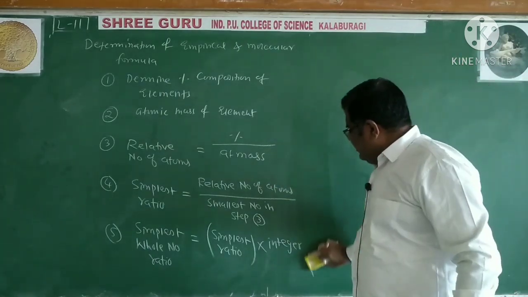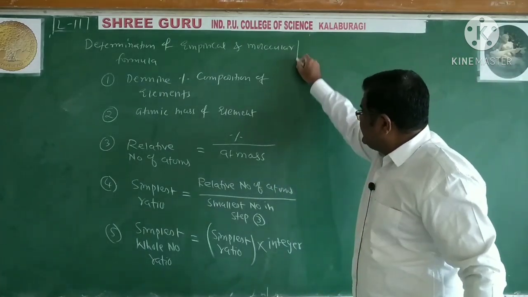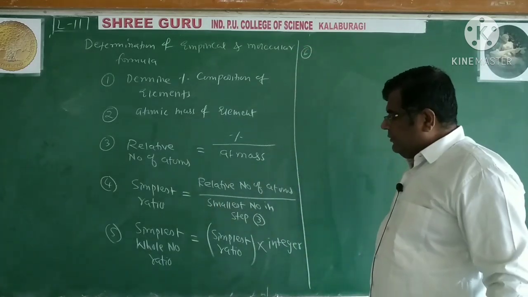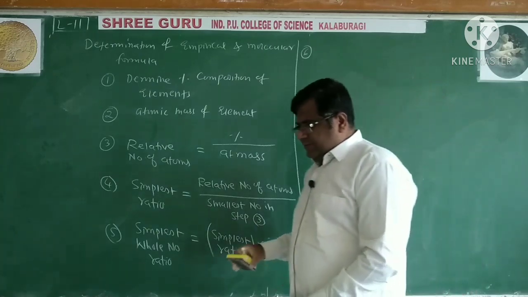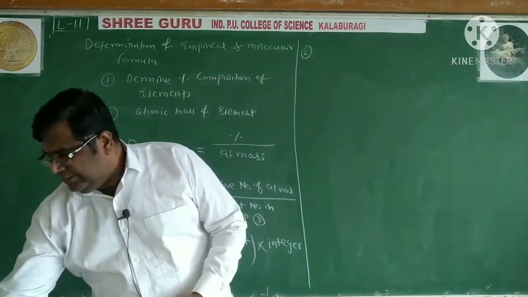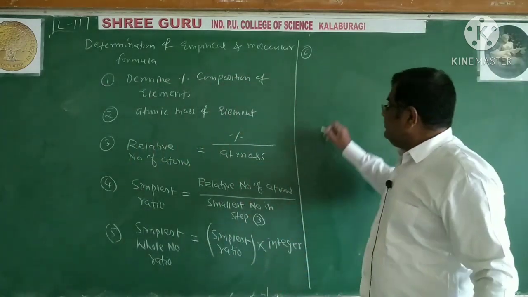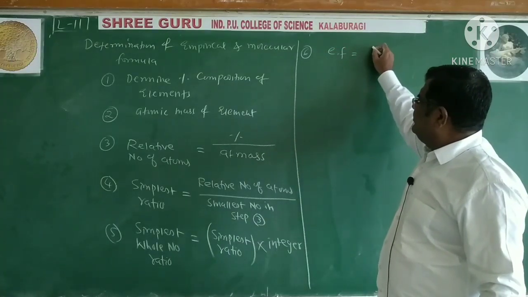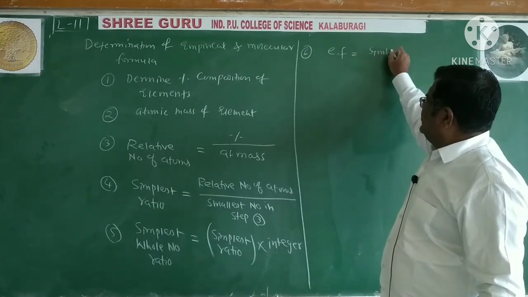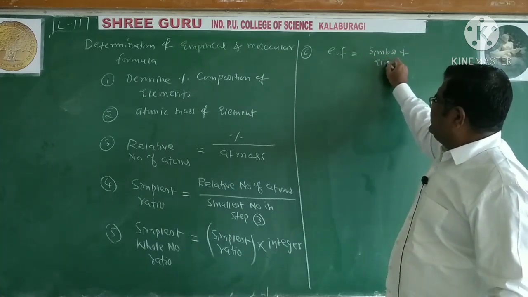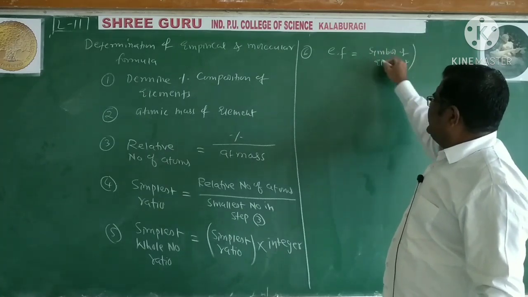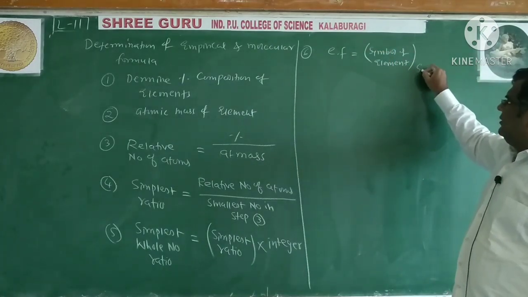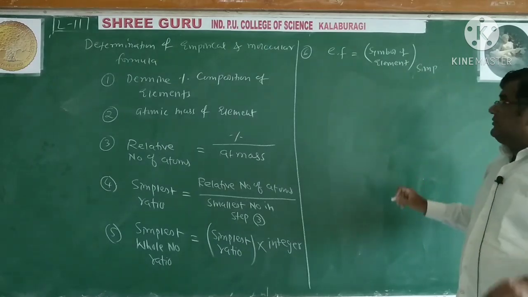In step number 6 is this empirical formula is equal to symbol of element is written and the subscript means like this.